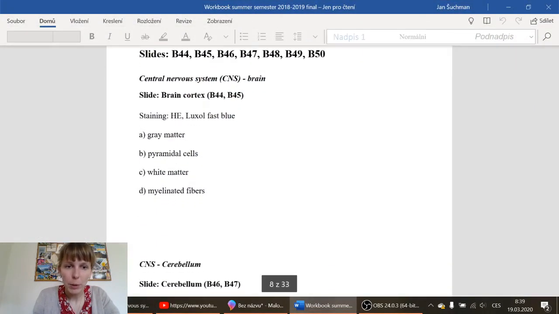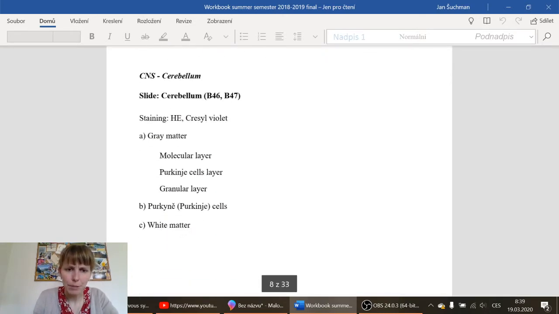To sum up the brain cortex, we saw the gray matter with very many cells. Some of them were very big. We saw that mostly in the presentation, and they were the pyramidal cells. Then we saw the white matter, and in the white matter there are the myelinated fibers. We will see those in the peripheral nervous system as well.